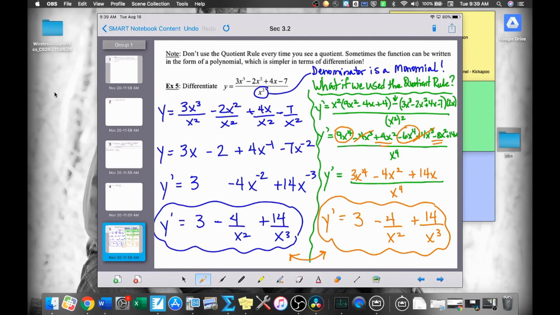So when you have a quotient, before you dive into the quotient rule, if your denominator is a monomial, consider simplifying first and turning your function into a polynomial and using the power rule rather than diving right into the quotient rule.